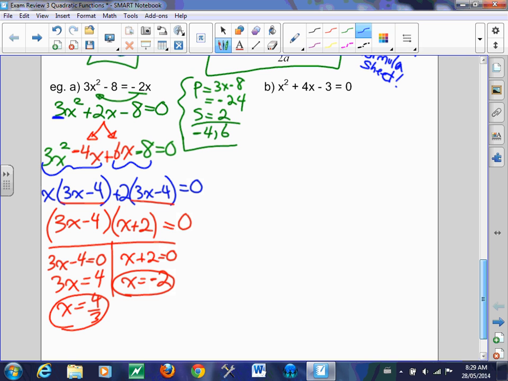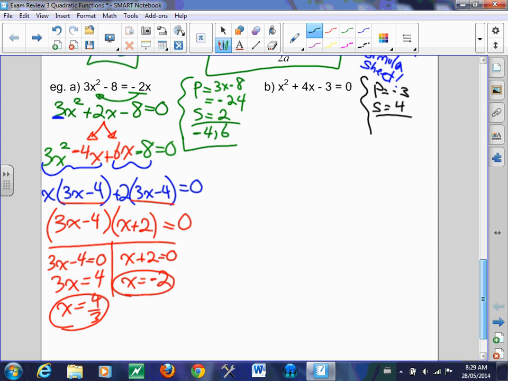All right, example B. Taking a look at this example, everything's on the one side. Let's quickly do our product and sum here. Our product would be simple trinomial, so product is just C, which is negative 3, or A, which is 1, times negative 3 gives you negative 3. And sum equals 4.